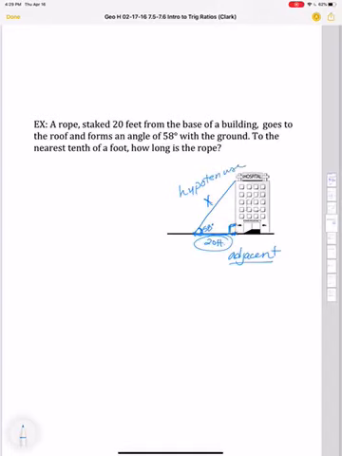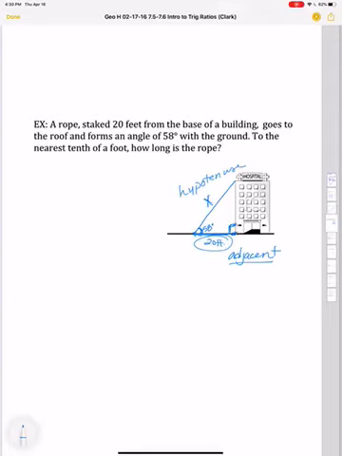So this is all new, or at least you're learning it for the first time with me. Whenever you go to decide, hey, I need sine or cosine or tangent, how do I know which one to use? This is where you have to look at what you know and say, okay, I know 20, that's adjacent to 58 degrees.